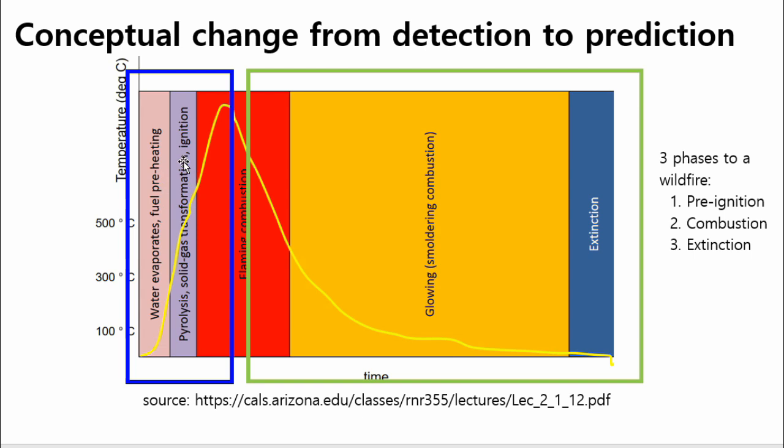So we would like to look at the preheating energy available before it escalates to smoke or flame in the later stage, so that we can make a prediction ahead of combustion.